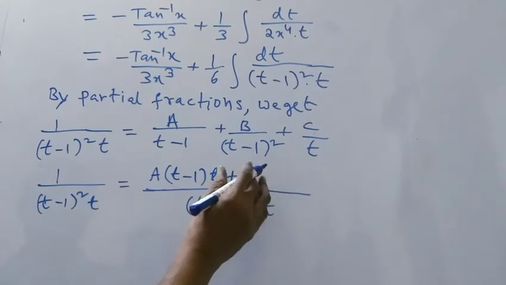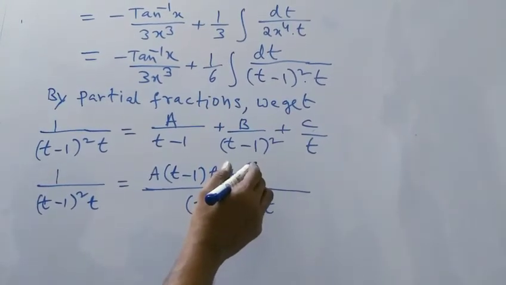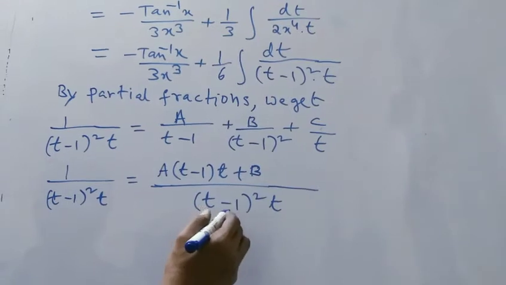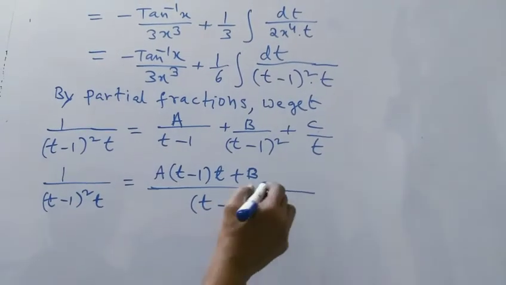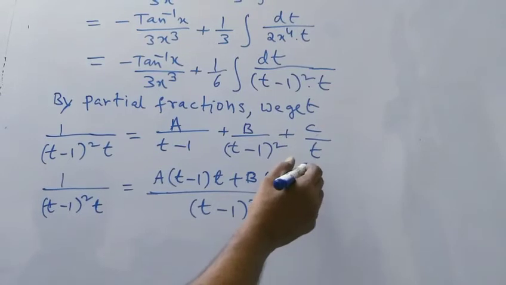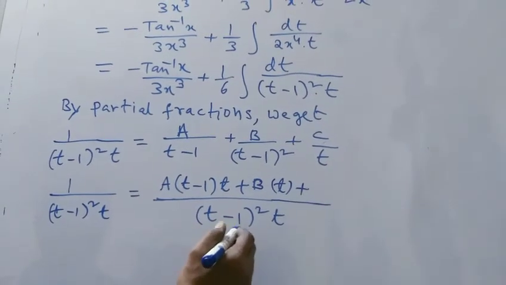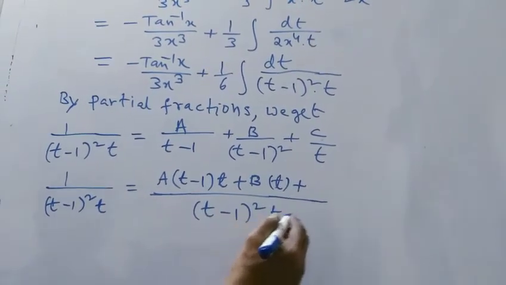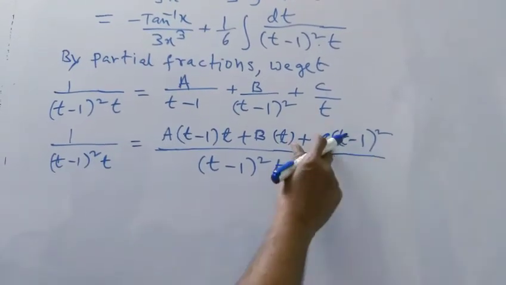Plus b by t minus 1 whole square: after cancelling t minus 1 whole square, the leftover term is t, so b into t. Plus c by t: t divides t minus 1 whole square into t, after cancelling the leftover is c into t minus 1 whole square.